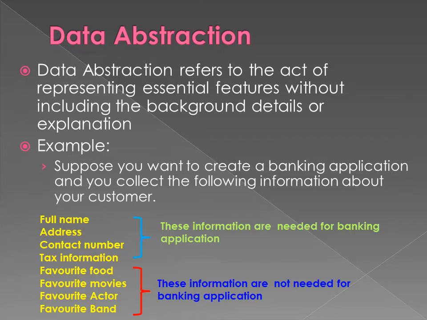So we will select only those attributes that are needed for our banking application, like name, address, birth date, tax information, contact address, etc. Thus, selecting the essential attributes of a customer from a large pool of attributes is known as abstraction.